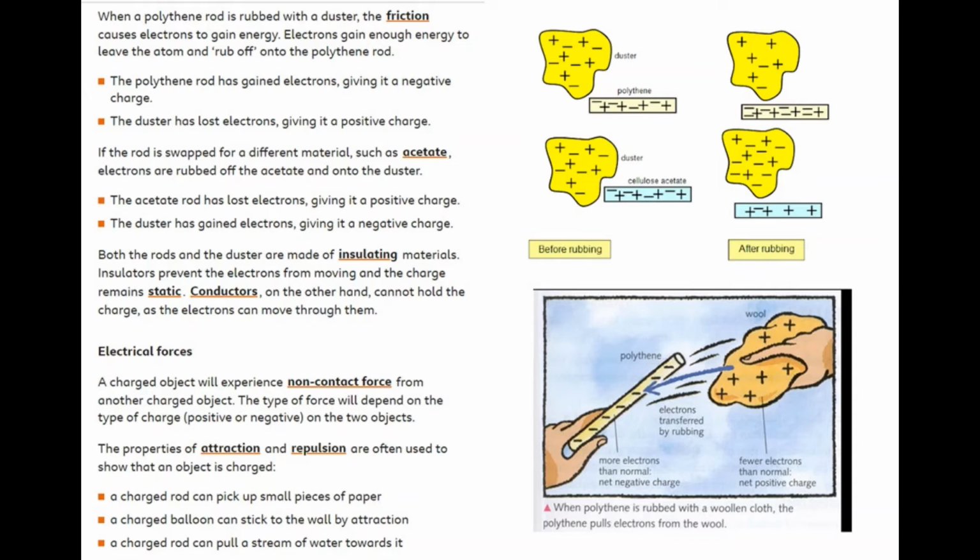When a polythene rod is rubbed with a duster, the friction causes electrons to gain energy. Now, if you remember the asperities, the mountains and the valleys and the troughs, because when you zoom into an object, it's not perfectly smooth. You're going to end up with bumps in the object.